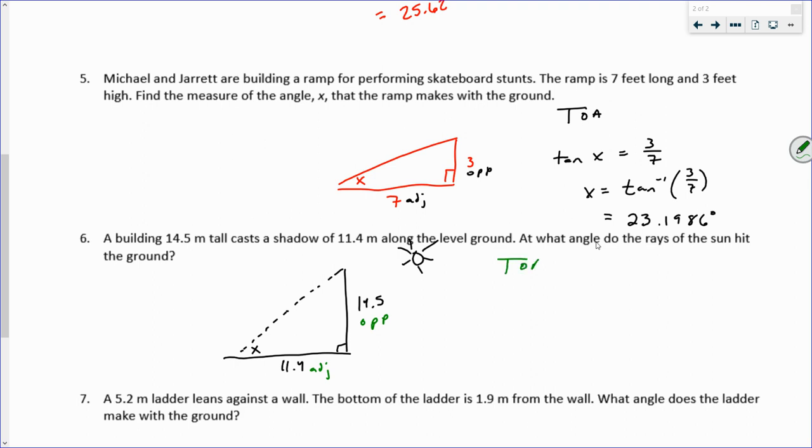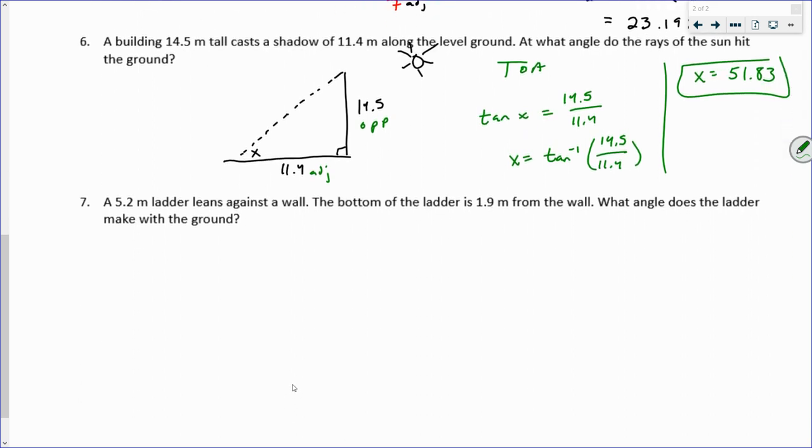So we're thinking TOA. Tan of x equals opposite over adjacent. So if we inverse the tan, we end up getting an angle of 51.83 or so.